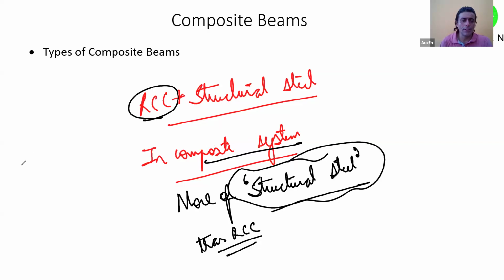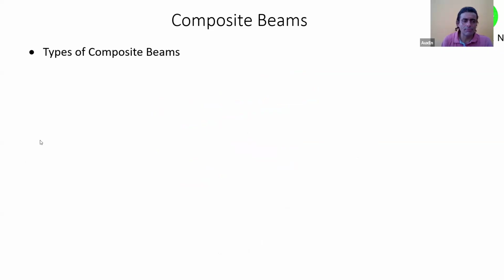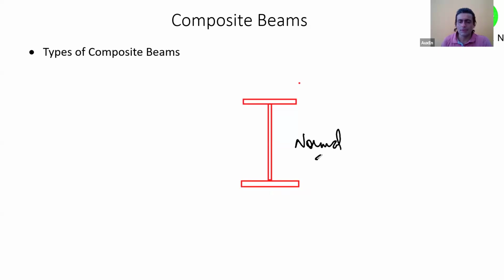So when I say composite beams, essentially what it means is that there will be a basic beam. That basic beam will be of structural steel section. Are you able to see this I-shaped beam? So this is my structural steel beam, two flanges, one web. Now in the normal course, this would be a normal steel I-beam.